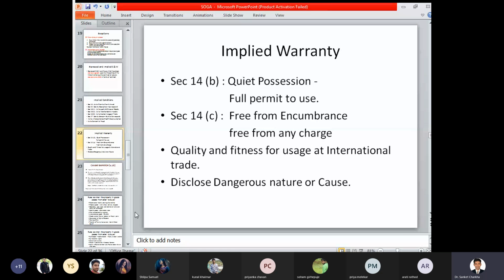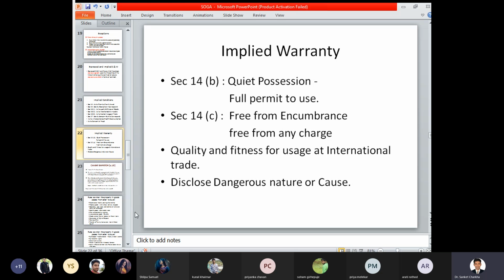Quality and fitness for usage in international trade. It is always an implied warranty that whatever goods you are purchasing are fit for consumption in the domestic market as well as in the international market. For example, today I am staying in India, tomorrow I may travel to Europe, the day after tomorrow I may travel to the US, another day to Australia, and so on.